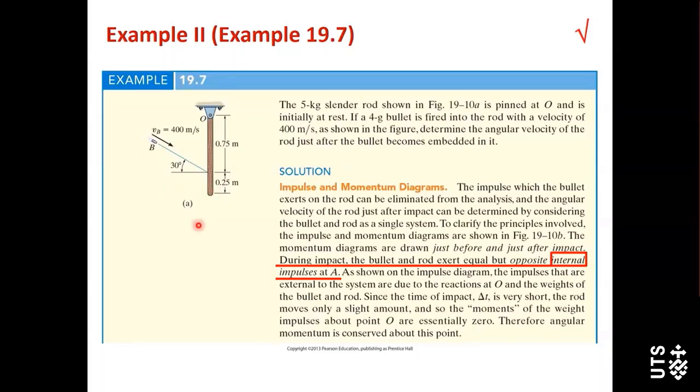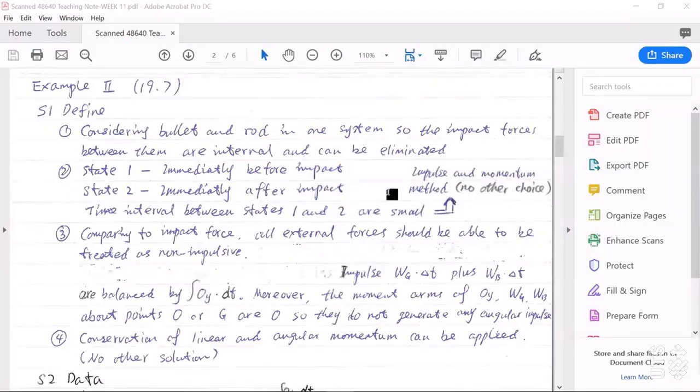So it's not necessary to consider the internal impulses. We consider this bullet and the rod in one system, so the impact forces between them are internal and they can be eliminated.